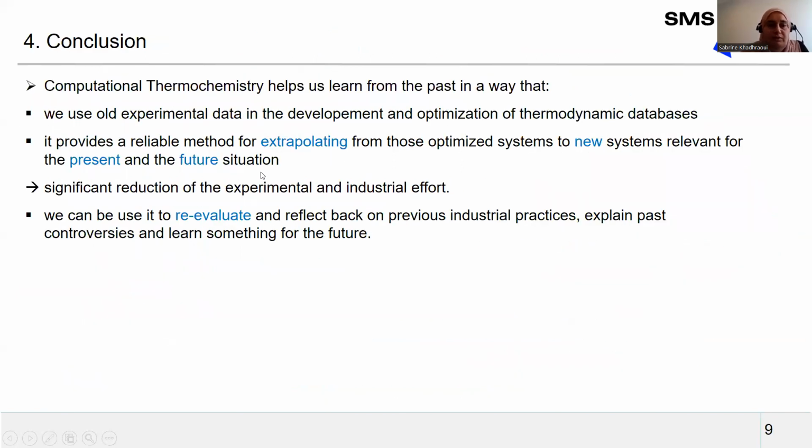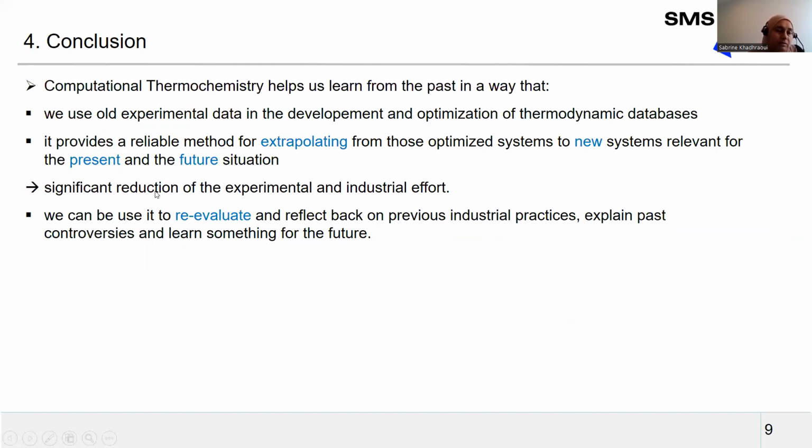So that's it. To conclude, I would like to say that computational thermochemistry can help us learn from the past, in a way that we use old experimental data to develop and optimize the new thermodynamic databases, and thus we can extrapolate from those systems that we know to new systems that we don't know, relevant or not yet relevant for future situations, but sometimes also for the present situation.